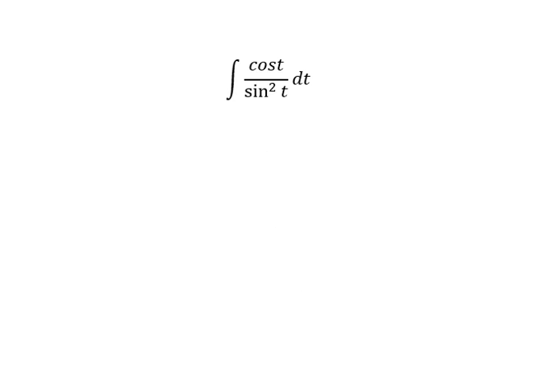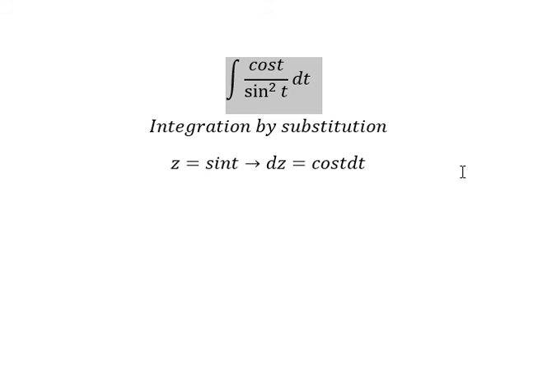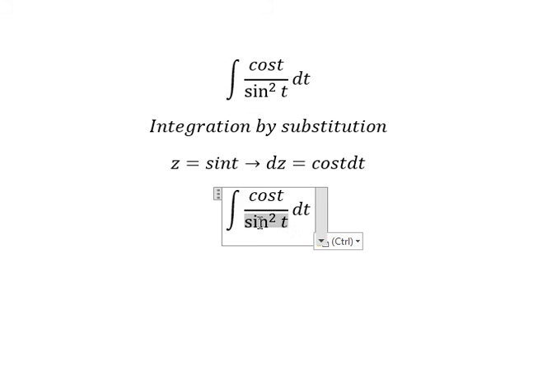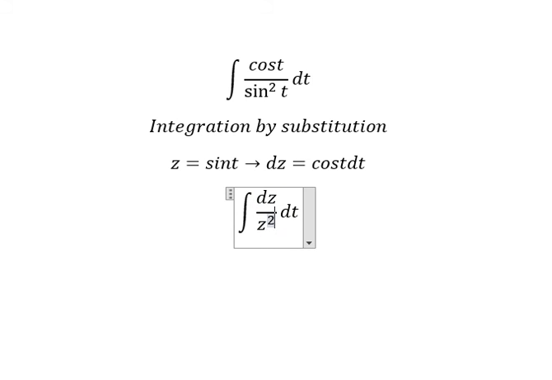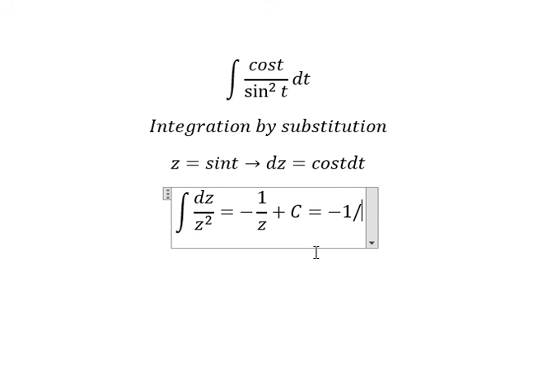We can use integration by substitution. So I will put z equals sine t, dz equals cosine t dt. So this one we change by z squared. Cosine t dt we change by dz. The integration of this one we have negative 1 over z and we put c. About z, that's sine t.